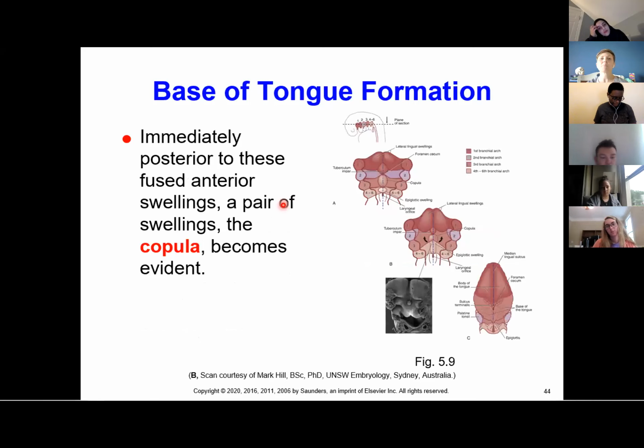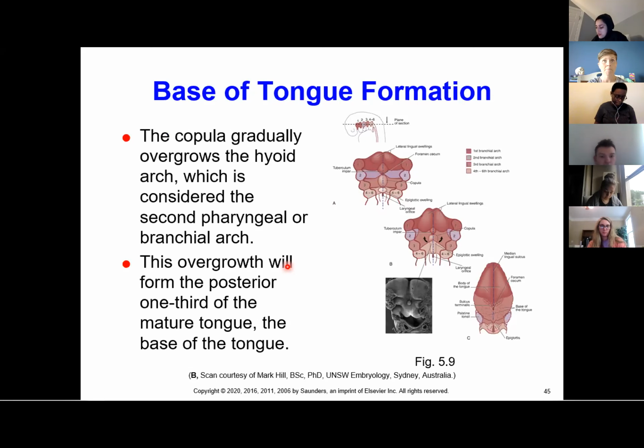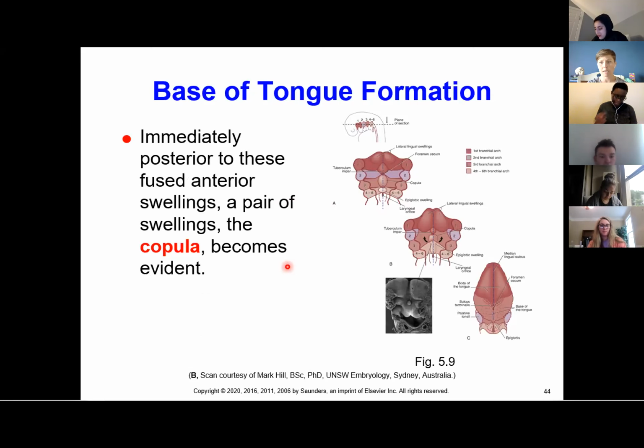Okay. Immediately posterior to these fused anterior swellings is a swelling called the copula, which becomes evident. The single midline copula is mostly formed from the fusion of the mesenchyme of the third and parts of the fourth pharyngeal arch.